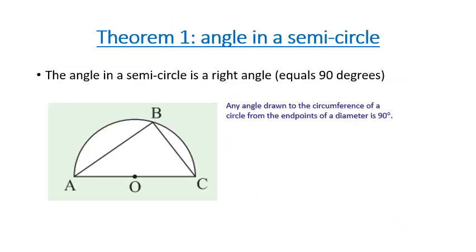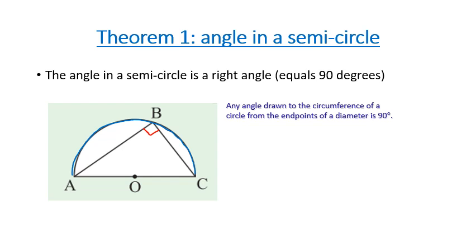So the first circle theorem that we're going to look at states that the angle in a semicircle is always going to be a right angle. Now we know that a right angle is equal to 90 degrees. So this angle is formed when an angle is drawn to the circumference. Remember, the circumference is this line around here, and it's from the endpoints to the diameter.